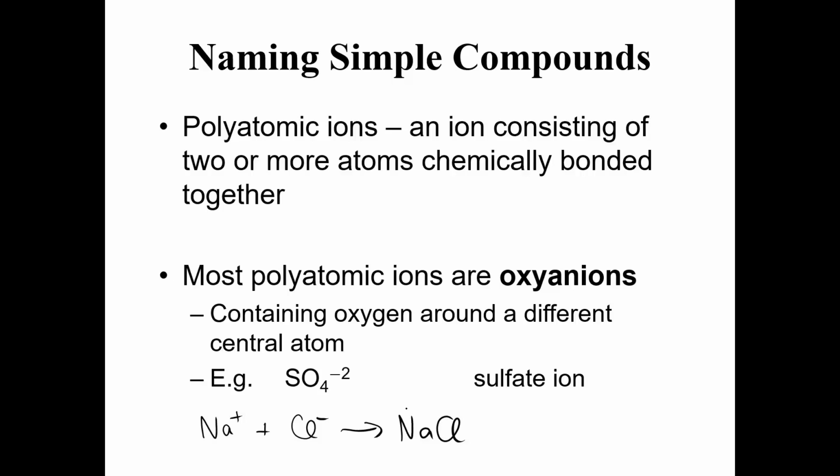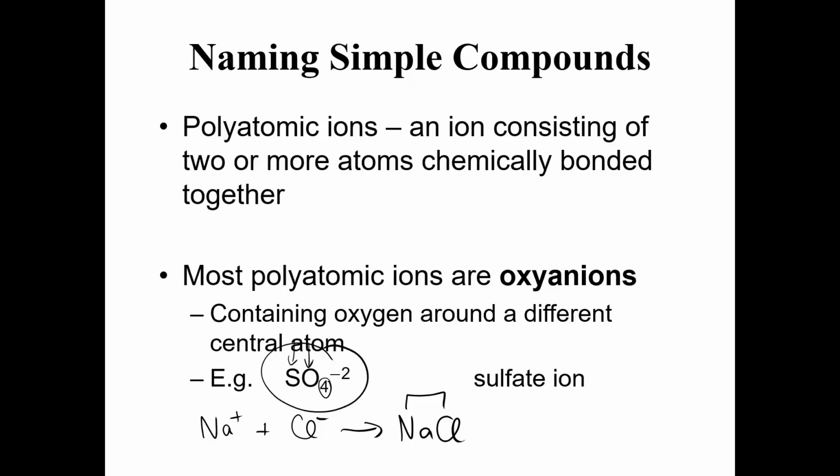We can also have something called polyatomic ions. Those are covalent compounds, meaning they already contain more than one nonmetal. Here we have sulfur, a nonmetal, and oxygen, a nonmetal, and we have 4 of them.